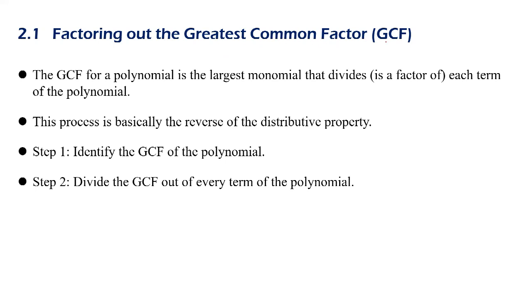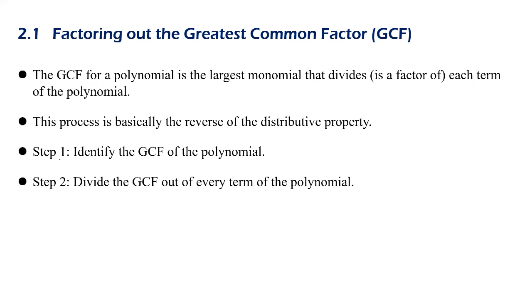Greatest common factor is also abbreviated as GCF. The GCF for a polynomial is the largest monomial that is a factor of each term of the polynomial. This process is basically the reverse of the distributive property.